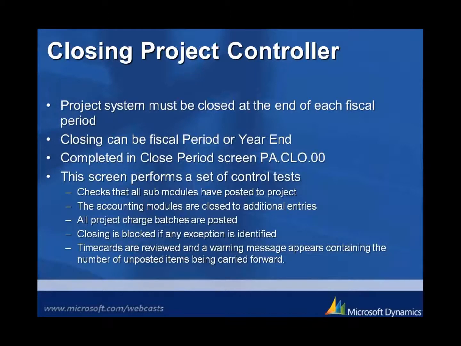Before it will close, it does a series of control tests to make sure that it can be closed. First, it checks to make sure that all the submodules have been posted. So it looks at AP, AR, all of those other places and says, okay, has everything that's got a project ID associated with it posted and been sent over to project.